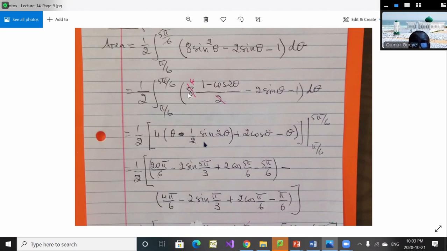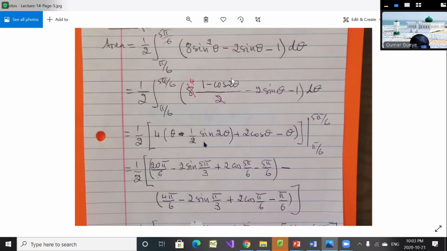And at the front, you already have 8. I'm going to simplify by 2. 8 by 2 we get 4. So in front of this function, I have 4. That's exactly what I copy here. And the 1 here, the antiderivative is going to be theta.